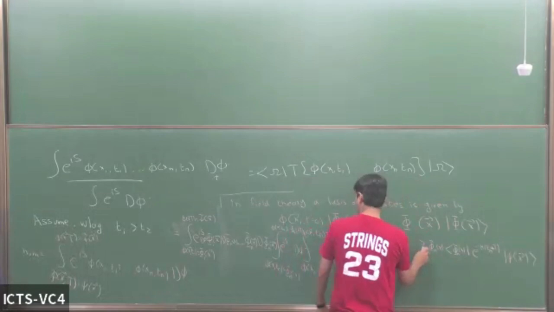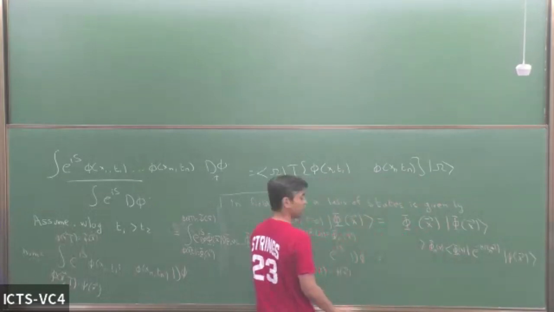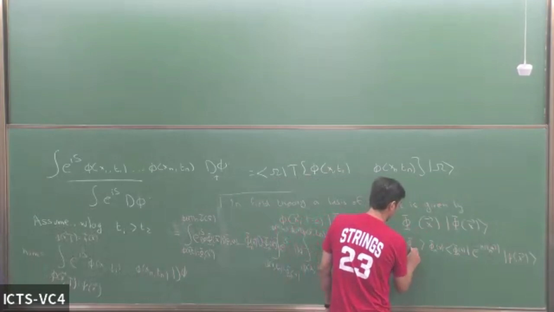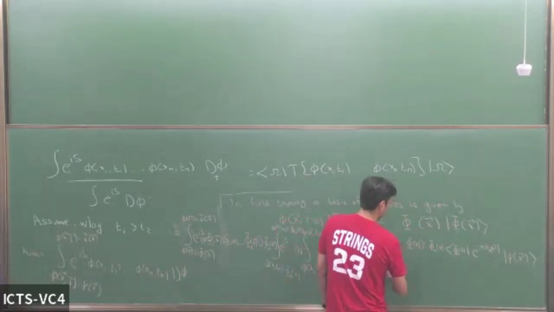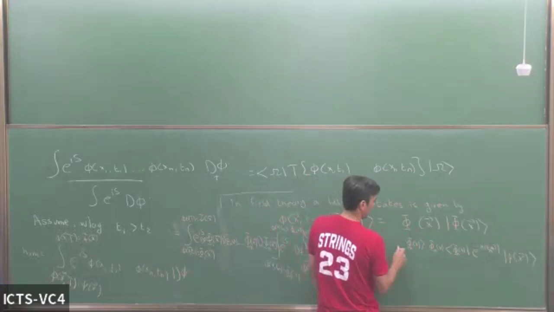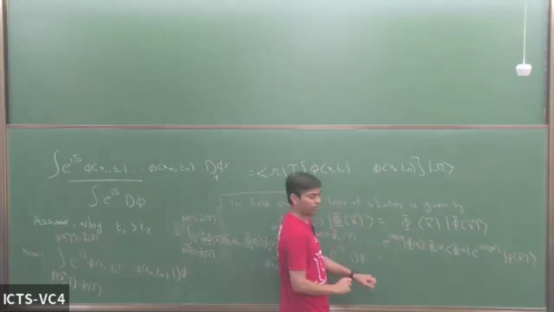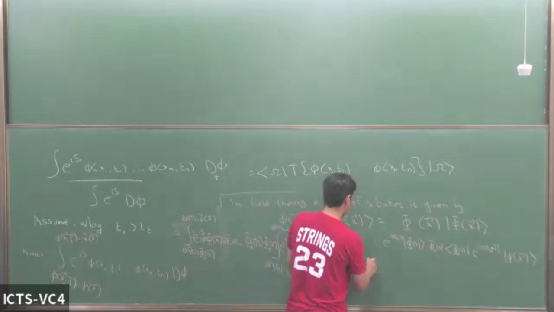Then I have here again this phi n of x and going up to phi n minus 1. So I have phi n minus 1 of x, phi n of x. This time I have e to the minus iH (Tn minus 1 minus t). Okay. And then I'm running out of space.